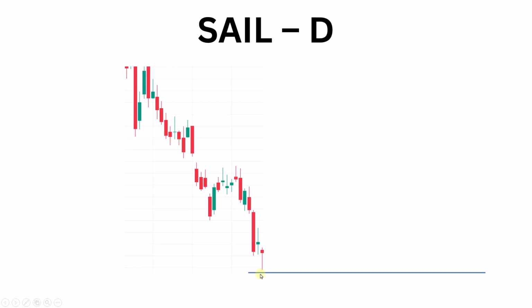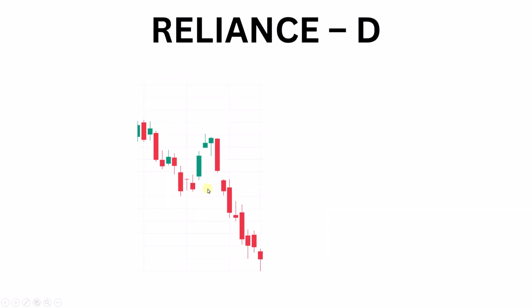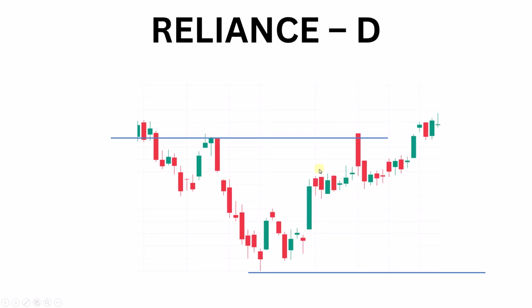So if we place our stop loss here, our first target would be here because the price started moving down from here, and the trade has gone in our favor. Next, we have Reliance. Price was in a downtrend. We place our stop loss below, and the first target from where the price started moving down, and we have achieved our target.